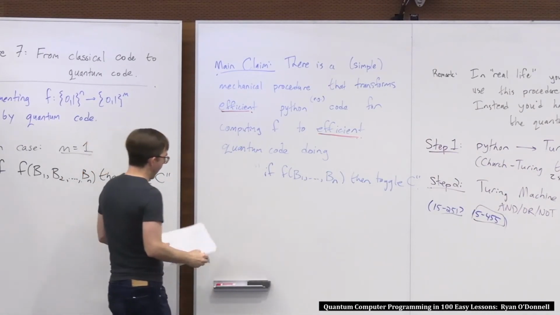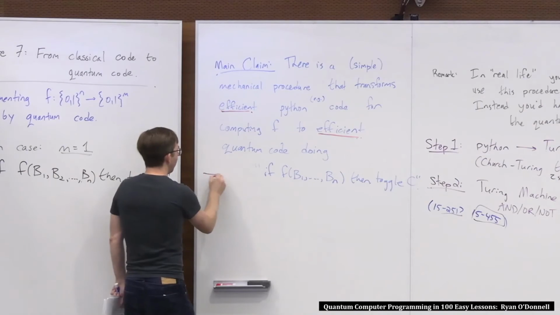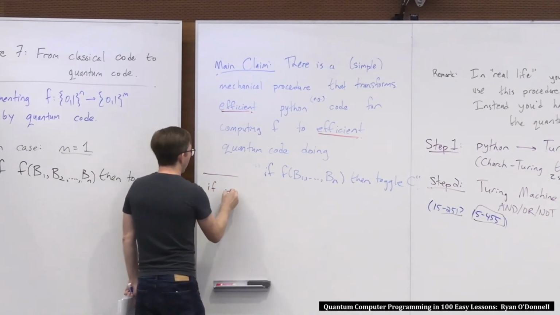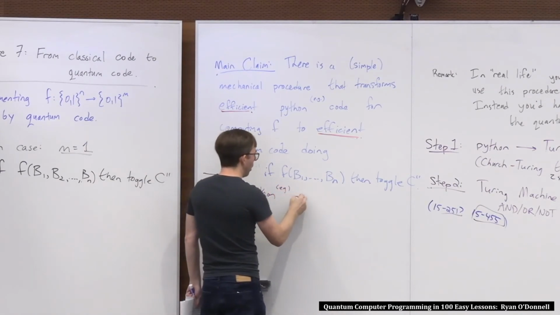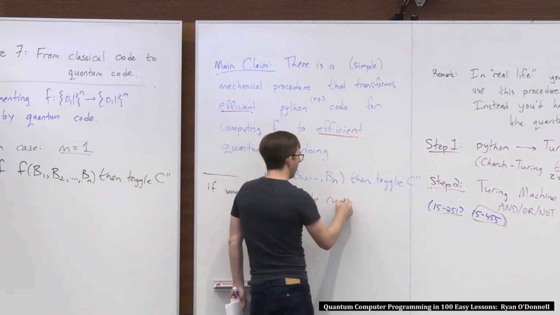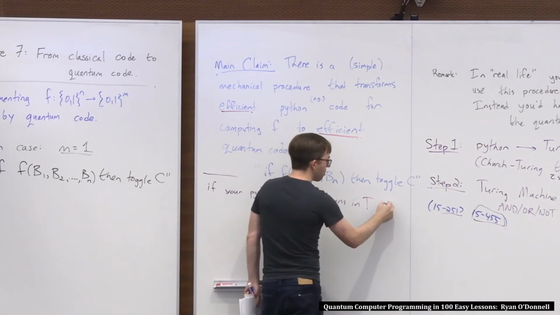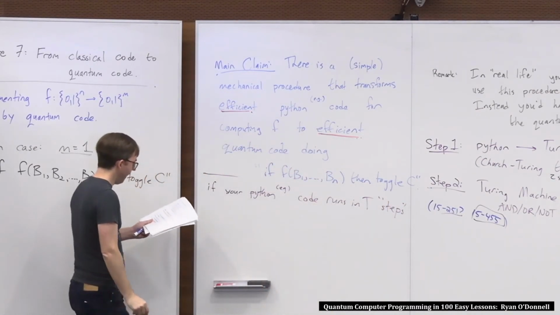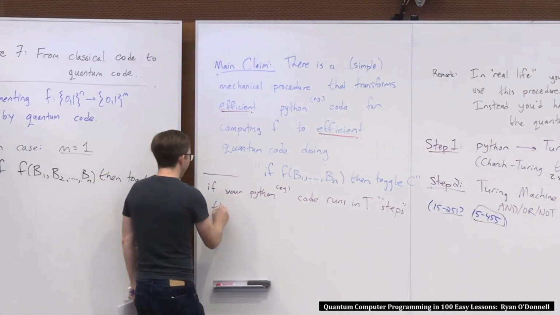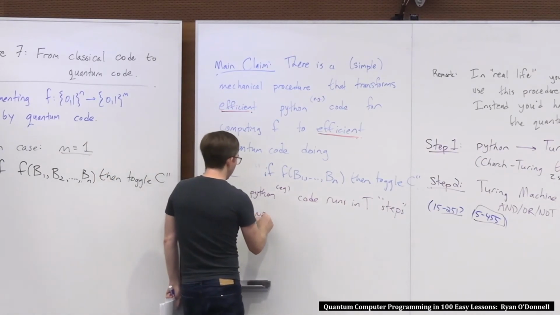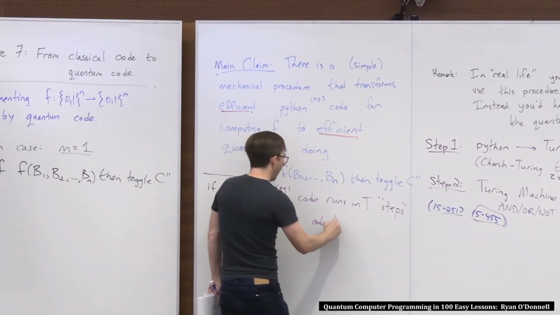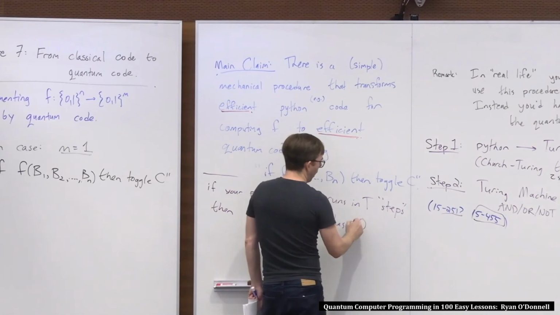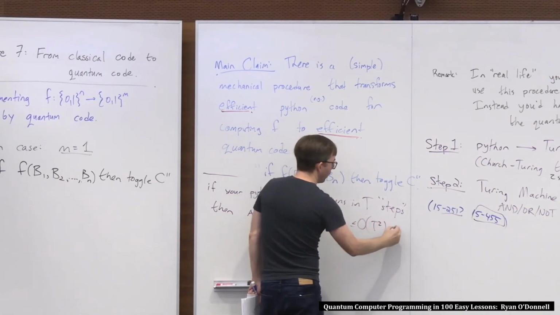If your Python code runs in T steps, instructions, or time units, then the AND/OR/NOT code that you can produce for it will have O of T squared lines.